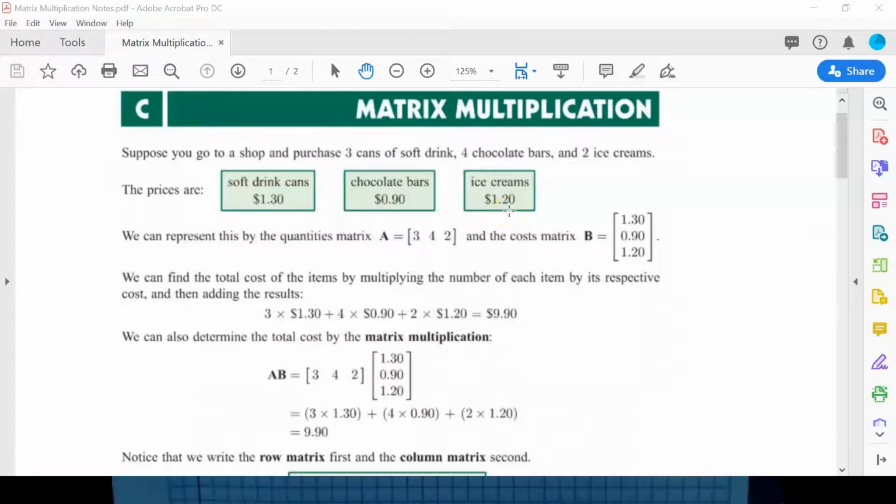Once we've done that matrix multiplication, can you see that it tells us the total cost of those items? Because we had 3 soft drinks at $1.30, 4 chocolate bars at 90 cents, and 2 ice creams at $1.20. So that $9.90 that I worked out was the total cost of buying all of those items.